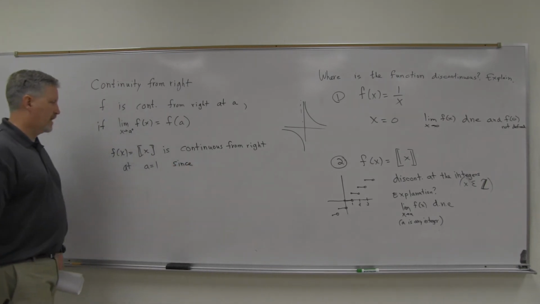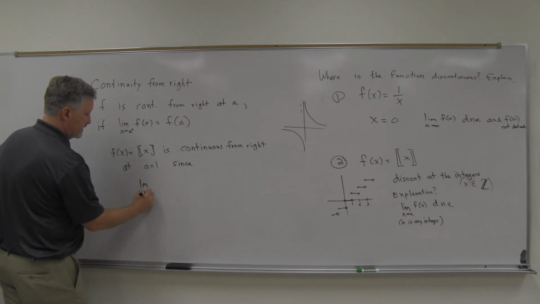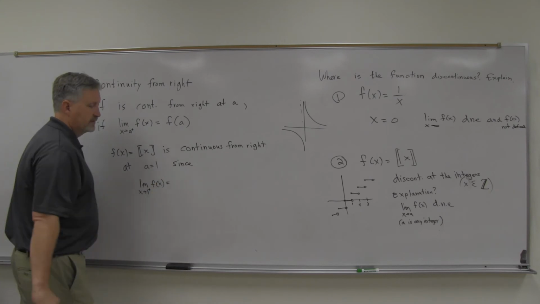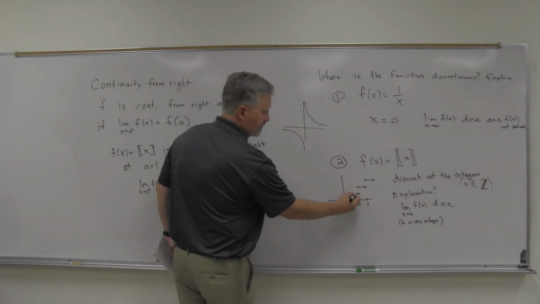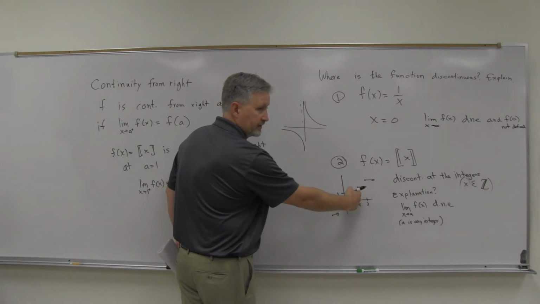They work the same way. It's continuous from the right at a equals 1 since the limit as x approaches 1 from the right of my greatest integer is, as I approach x is 1 from the right, that value is 1, isn't it? From the right, the limit is 1.